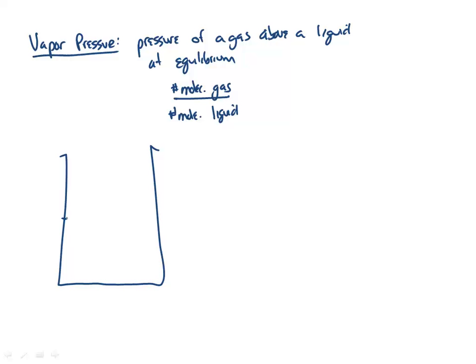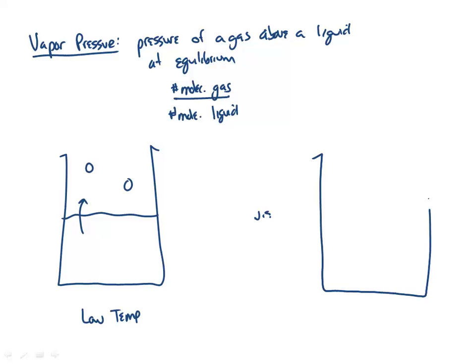For instance, at low temperatures, very few molecules have enough kinetic energy to go from a liquid to a gas, but at high temperatures, we can have lots of molecules that have enough kinetic energy to go from the liquid to a gas.